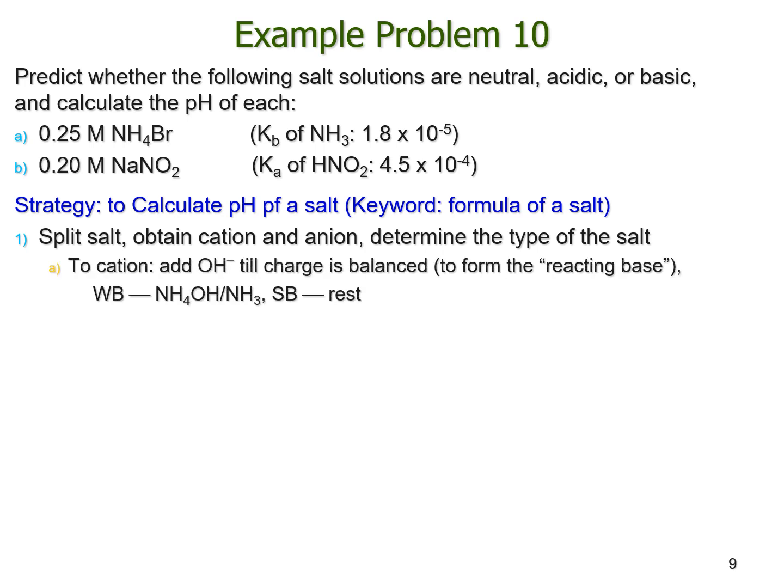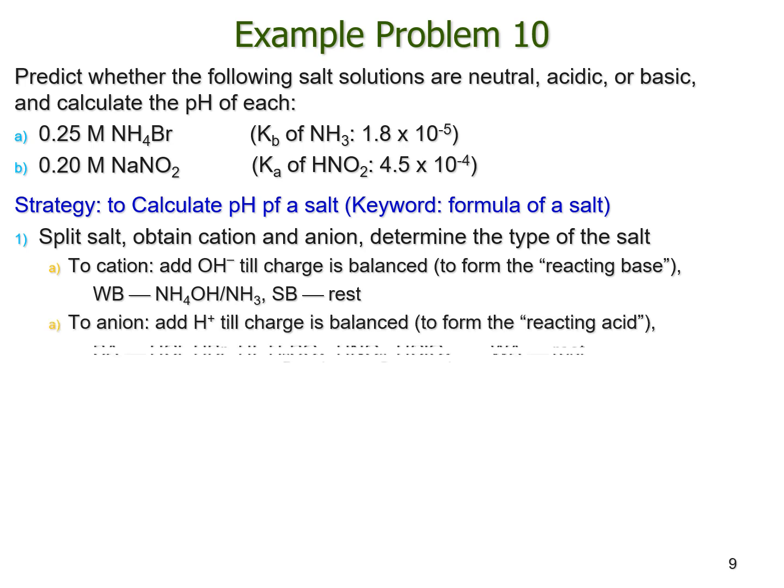For the cation, we add OH minus to make the charge go away, to form the so-called reacting base. Ammonia or ammonium hydroxide is a weak base. The rest should be considered strong bases, unless we are told otherwise. For the anion, we add H plus to make the so-called reacting acid. Remember, we only have 6 strong acids. The rest should be weak acids.